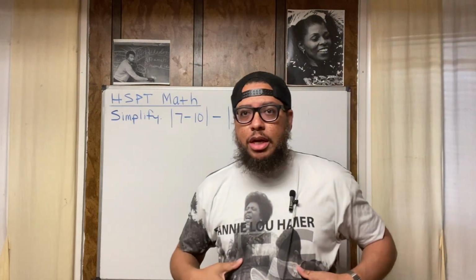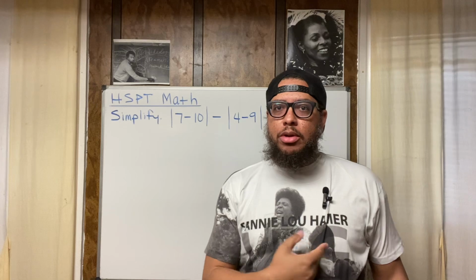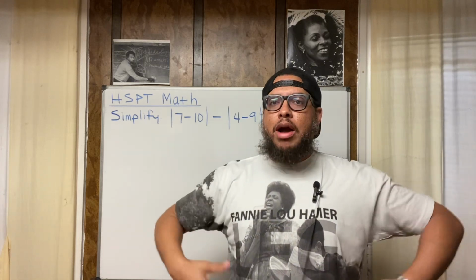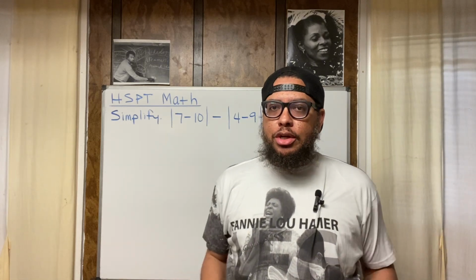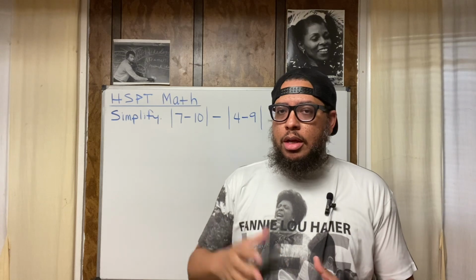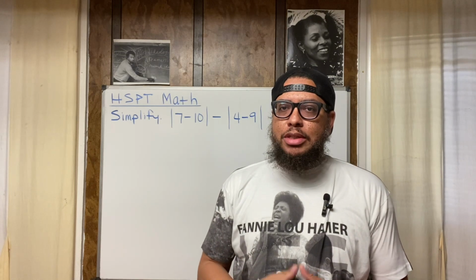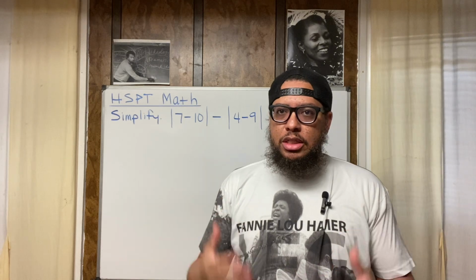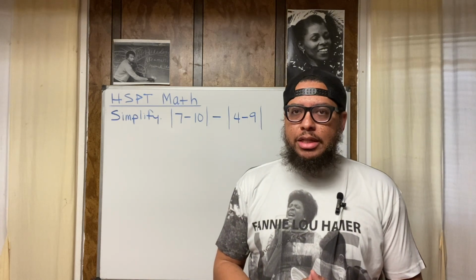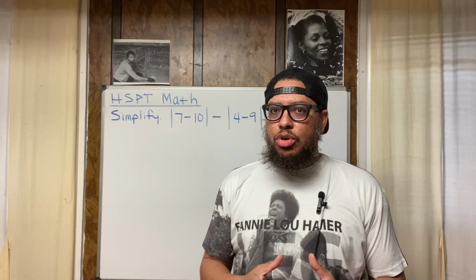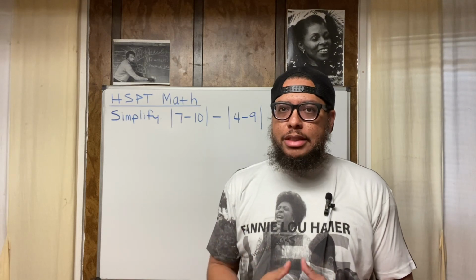Also, I definitely want to give a shout out to the ancestor Fannie Lou Hamer that you see prominently displayed on this t-shirt. If you're unfamiliar with Fannie Lou Hamer, she's a great example of persistence, perseverance, civil rights activism, human rights activism. Definitely go do your research on Fannie Lou Hamer from out of Mississippi.